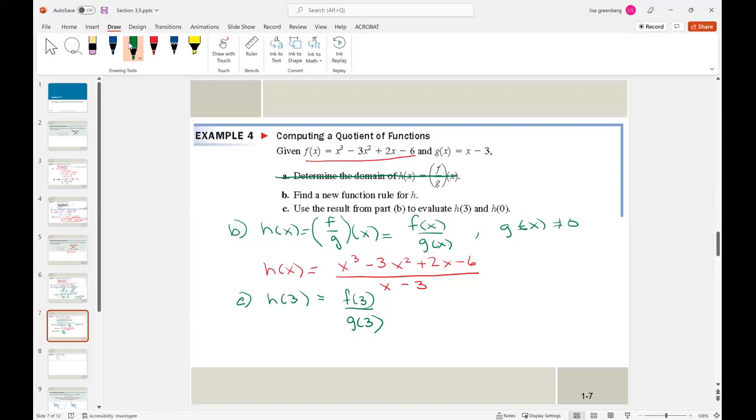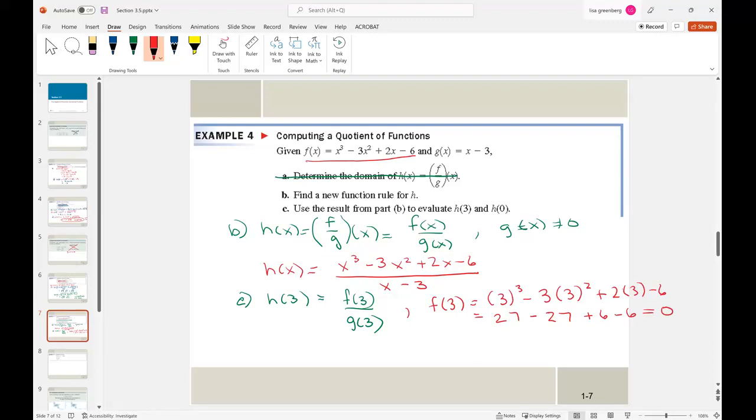So f of 3 is equal to 3 to the third power minus 3 times 3 squared plus 2 times 3 minus 6, which is equal to 27 minus 27 plus 6 minus 6, which is definitely equal to 0.